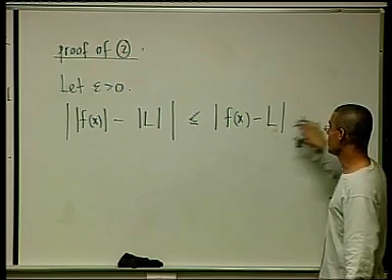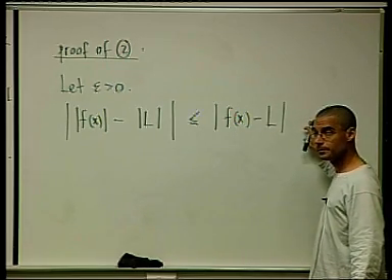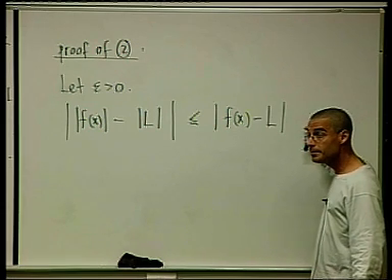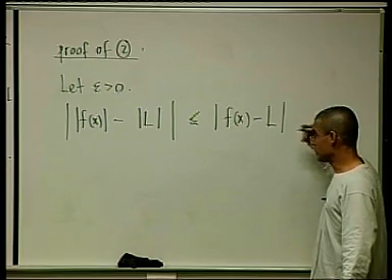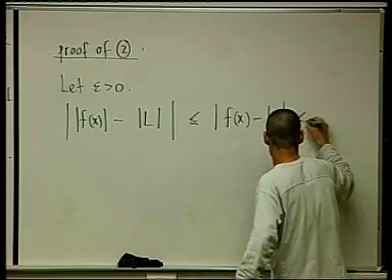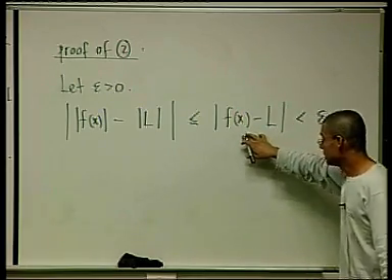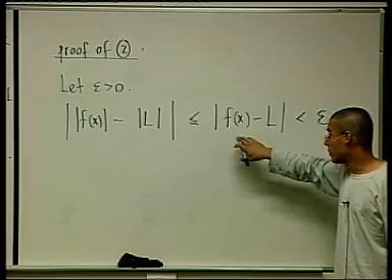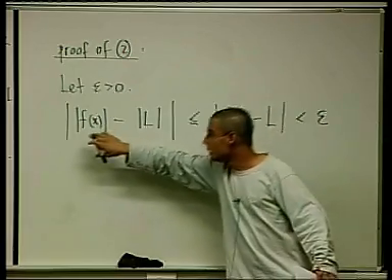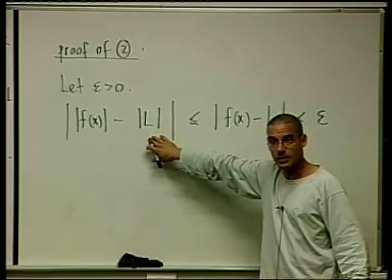And now what? How do we guarantee that this is less than epsilon? Get a delta. Right. So we know that this is less than epsilon because that's what we're given. This is what we're trying to prove. If f of x goes to L, then this goes to this, right?